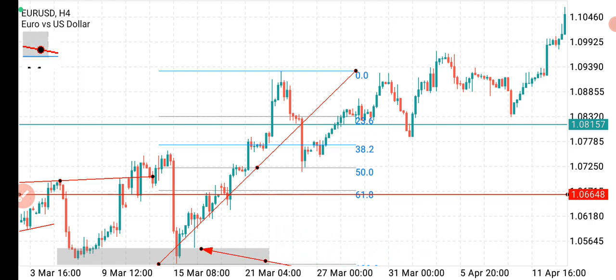So it moves from this point all the way to this point. So we confirm that this is a retracement.